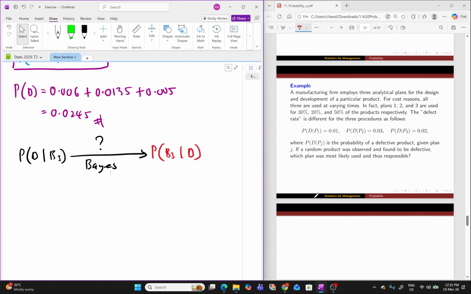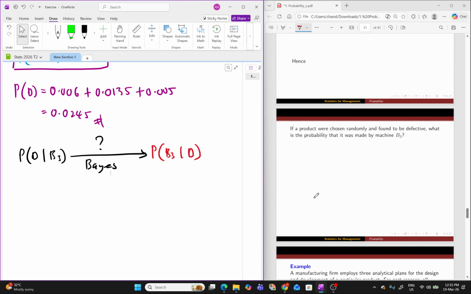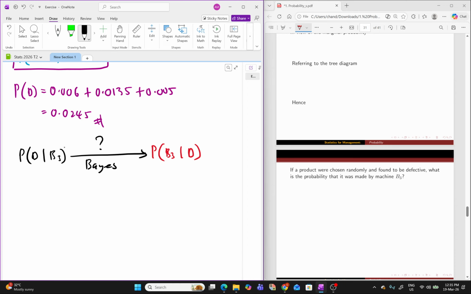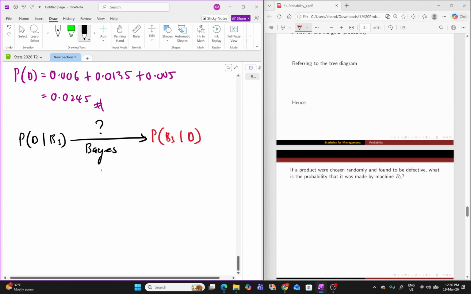Now the main idea is, given this one, they will ask you to find the other one, switch it, how to find this. That is where the Bayes formula comes into the picture. Maybe you cannot see the formula yet. Next class I will explain. I want you to understand and try to do the exercise first.